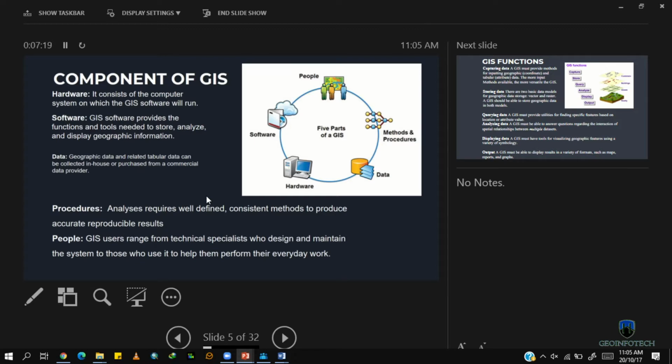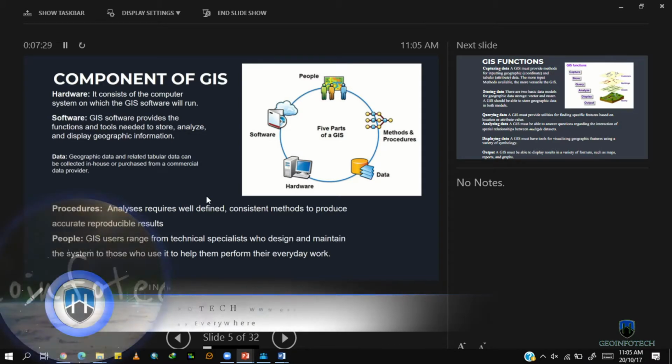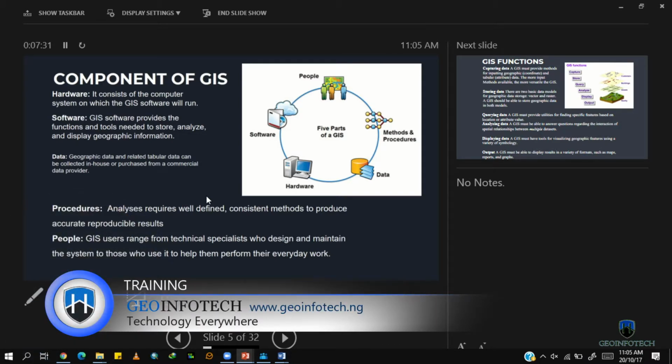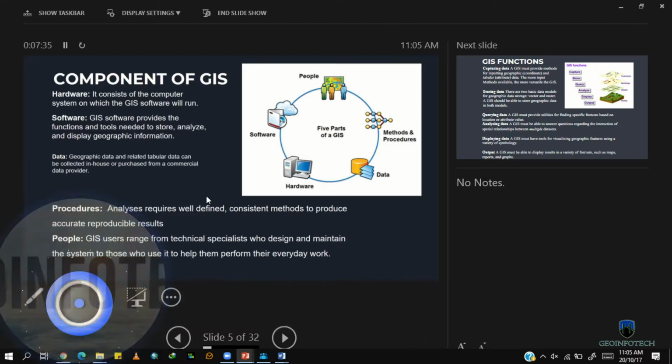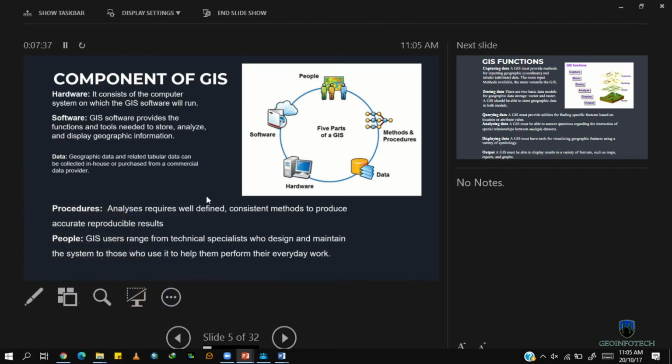For those into agriculture, you take information like types of crops. So far as those crops are on the earth's surface, they have a location and attributes; they are geographic data. All these geographic data, you play around with them and try to get results from them for better decisions. Can anybody also help me with any other information that is related to geographic data?